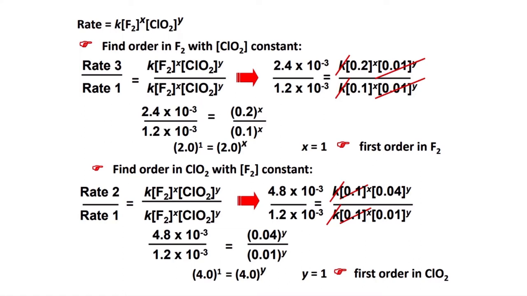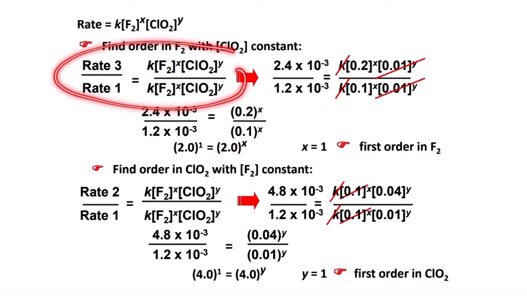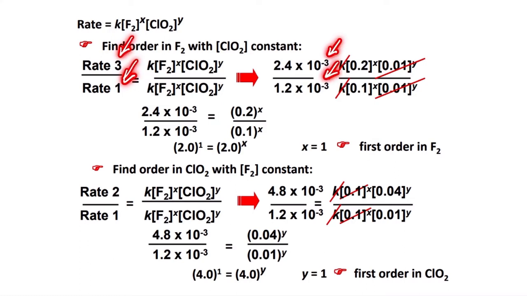I chose experiments 3 and 1, so I'm going to compare those two experiments, experiment 3 over experiment 1. Write down the rate law for experiment 3 over experiment 1 this way. From there you can see you insert the initial rate of experiment 3 and experiment 1 here. Alright.